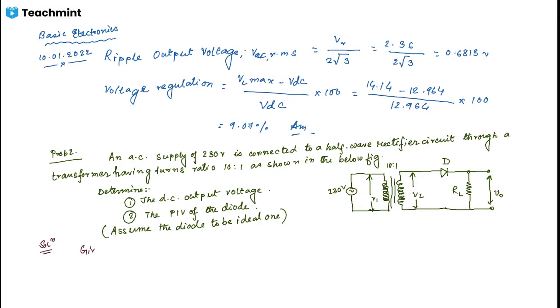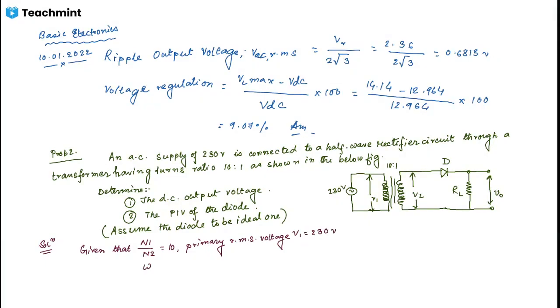Solution. Given that N1 by N2 equals 10. That means the number of turns N1 by N2 is 10 is to 1, so that is 10. Next, the primary RMS voltage V1 equals 230 volt.